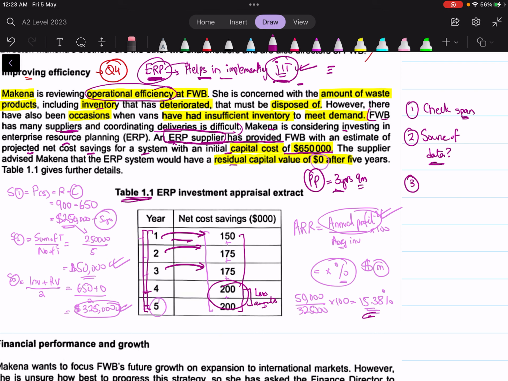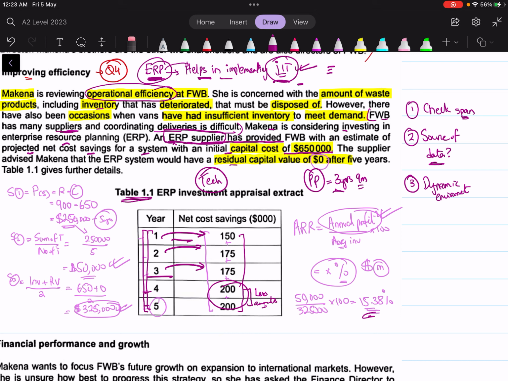Number three, you check how dynamic the business environment is. Now, ERP is a technology-based product. And if you're operating in an industry where technological advances are very rapid, then it may be possible that after 3 years a newer version of ERP can come, or your ERP might become outdated, or it may become very expensive to get it repaired by specialists because of low demand.